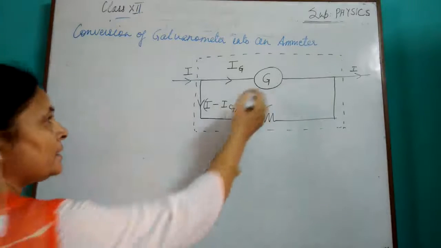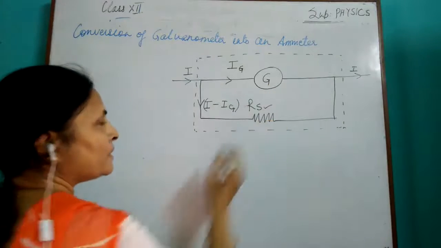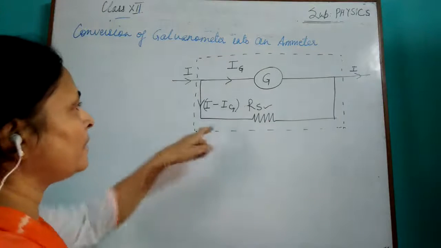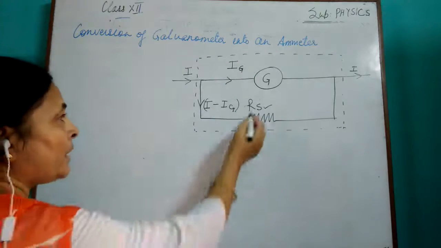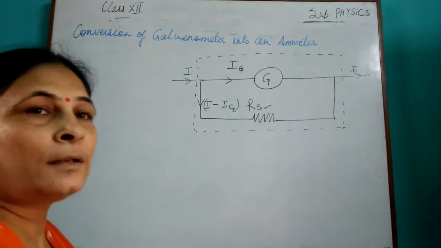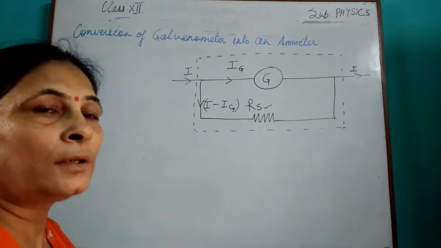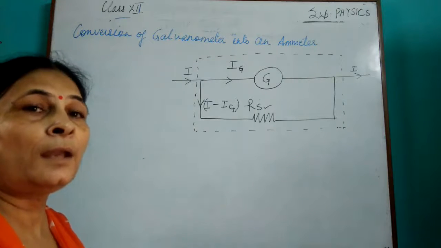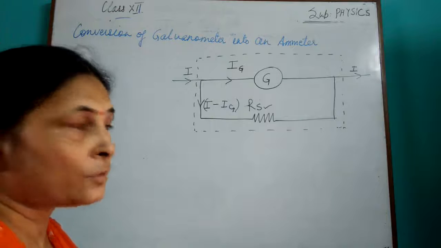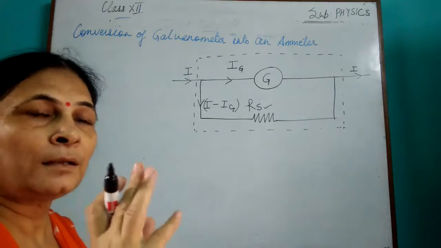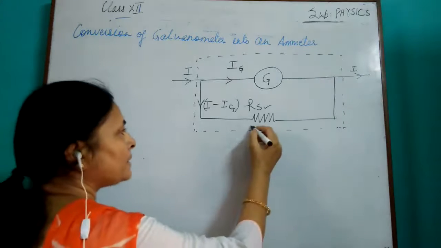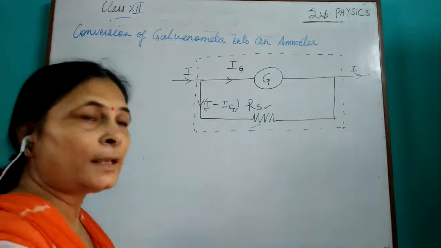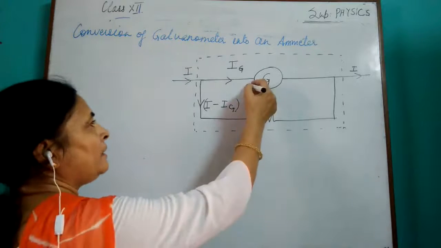Now certainly, since the galvanometer has a high resistance, this must be a low resistance, so that maximum current can pass through this shunt resistance. This is in parallel. In a 1 mark question it is generally asked how you can convert a galvanometer into an ammeter of given range. There are two parts of the answer: one is low resistance, second is to be connected in parallel.